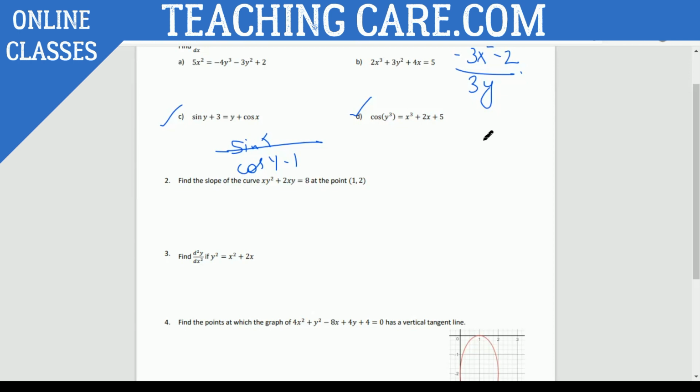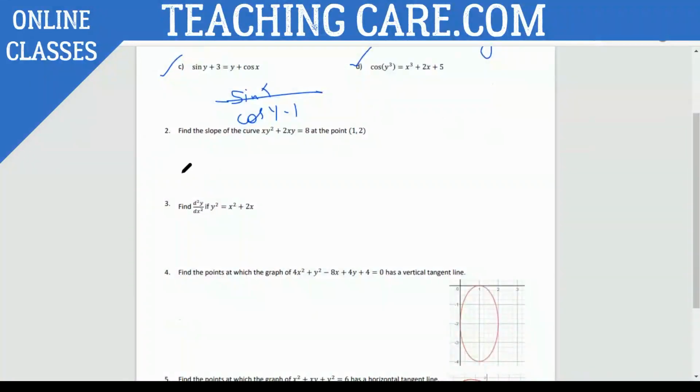So it's 3x squared plus 2 divided by negative sine of y cubed times 3y squared. Yes, right. Now you need to find the slope of the curve at the point (1, 2).